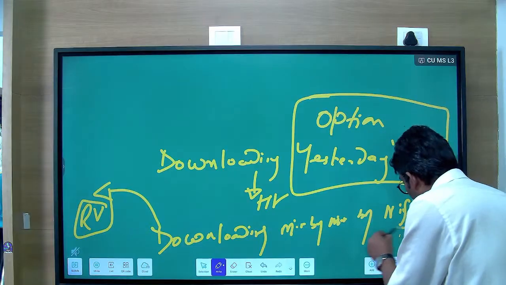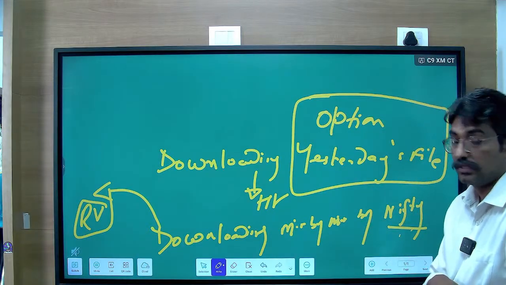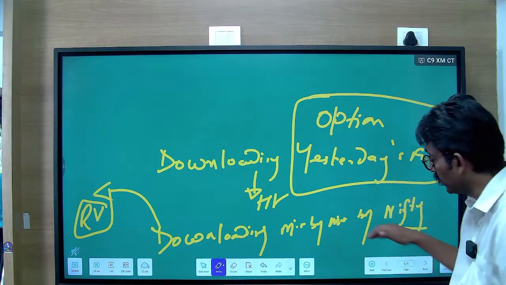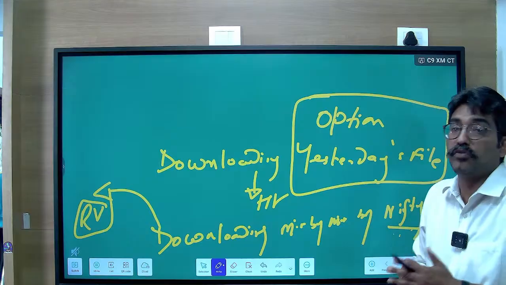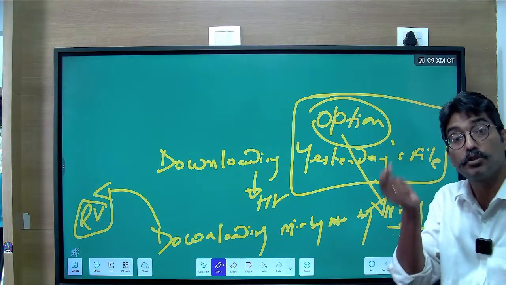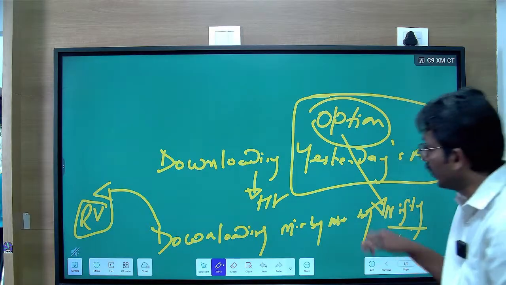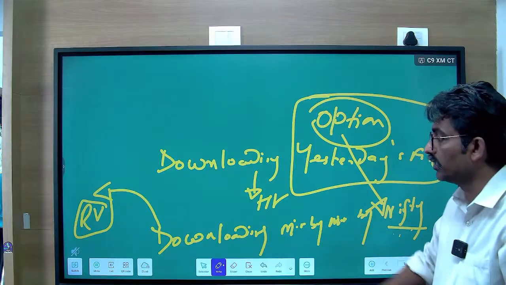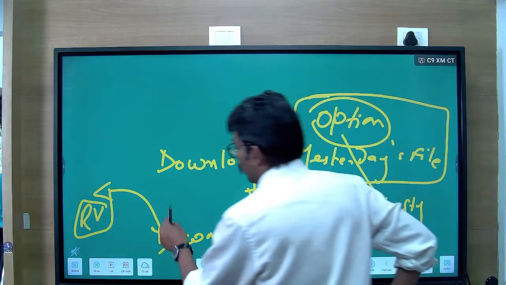I said of the underlying, because you are not noticing the price change in the option prices. You're noticing how much Nifty is moving, because all of this you are trying to understand or predict or speculate the movement of Nifty. Hence I said minute by minute change. We are looking at the realized volatility.